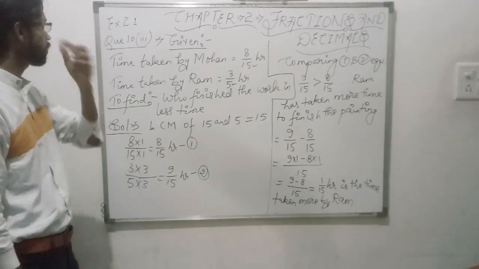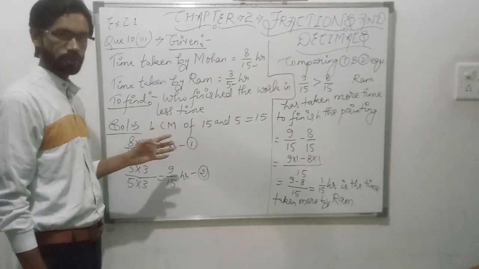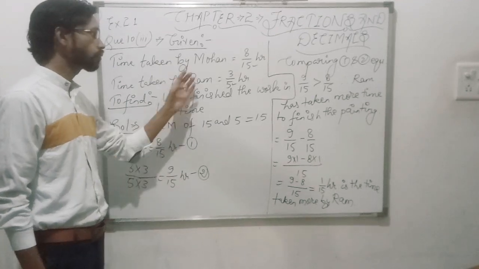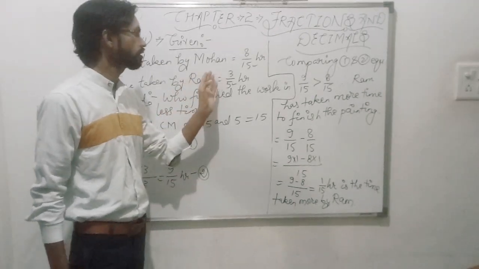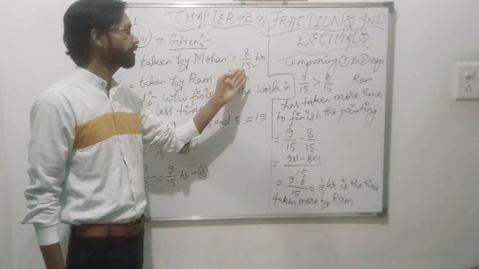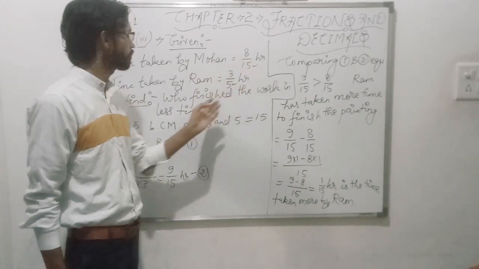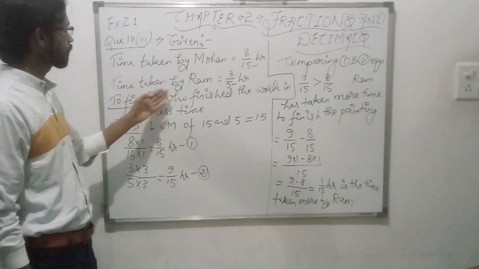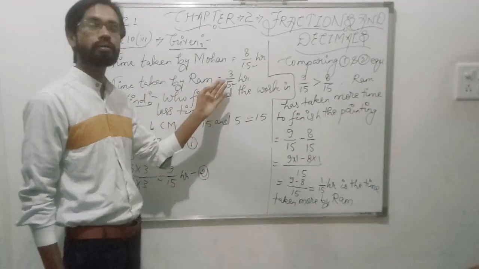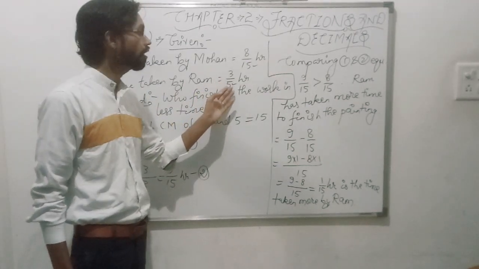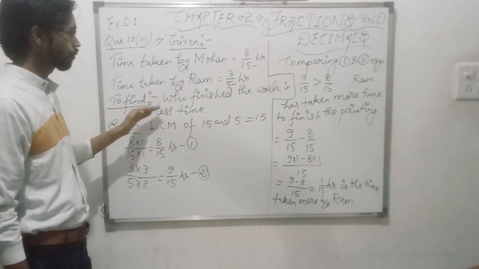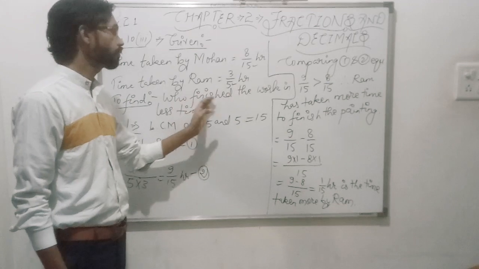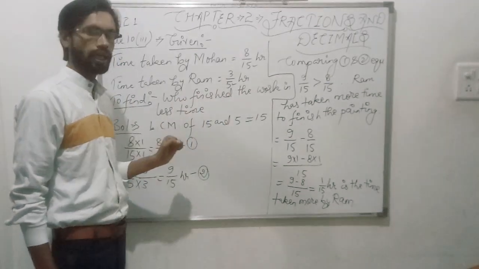Once again we will go through the question from the beginning. The question was saying that there is a painting work. In that painting work, two boys were doing the painting. Mohan has taken 8 upon 15 hours to complete it. Similarly, the other person, Ram, has taken 3 by 5 hours. We need to show who finishes the work in less time.